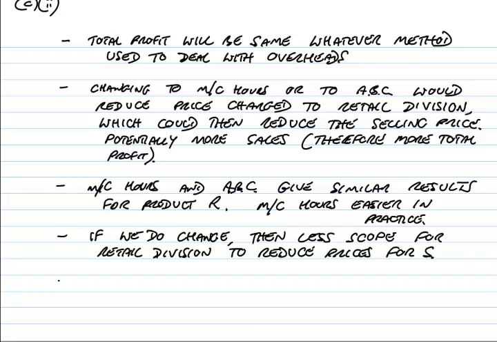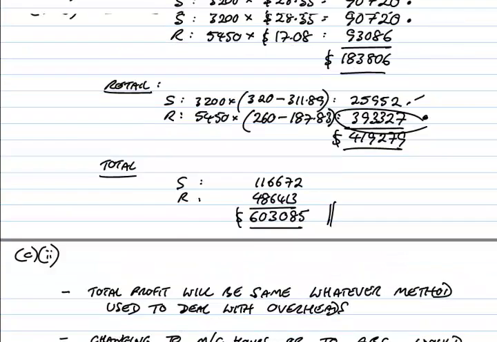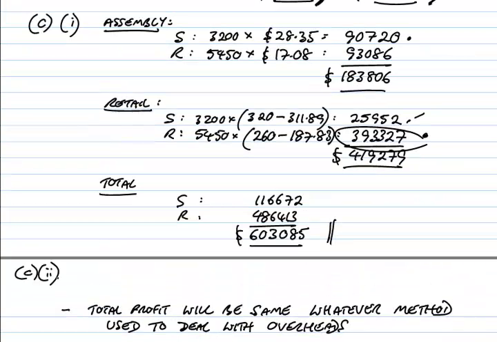But the other thing we need to at least mention is, what about the effect on the other division? Because the assembly manager, he obviously wants to make as much profit as he can. Look at product R again primarily. Product R, under the current system of labour hours, assembly is making 119,000. If we go to machine hours, only 97. If we go to activity based, only 90.